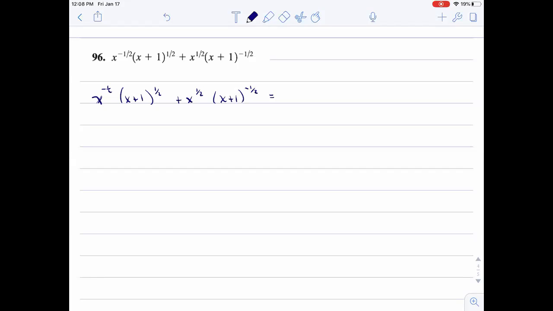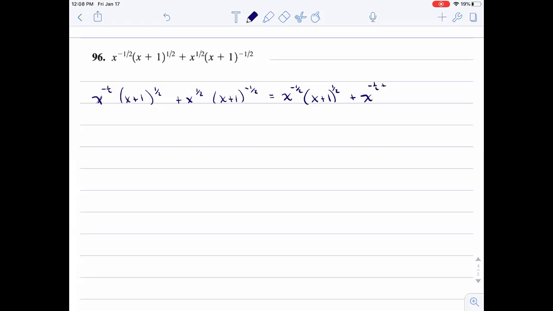And so here, I'm going to have x to the negative 1/2 times x plus 1 to the 1/2 plus x to the negative 1/2 plus 1, right?